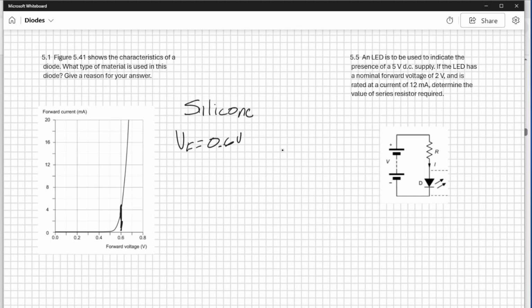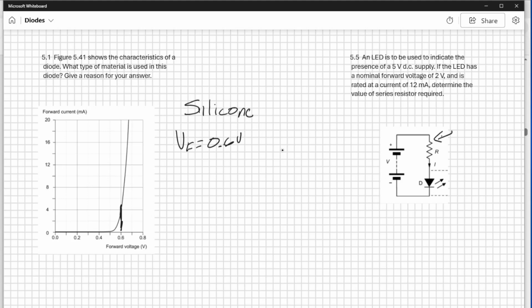Alright, so let's do this exercise. An LED is to be used to indicate the presence of a 5 volt DC supply. If the LED has a nominal forward voltage of 2 volts and is rated at a current of 12 milliamps, determine the value of the series resistor required. Right, so we are asked to calculate the value of this resistor.